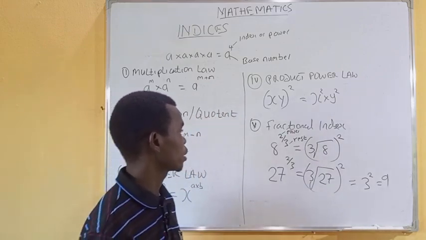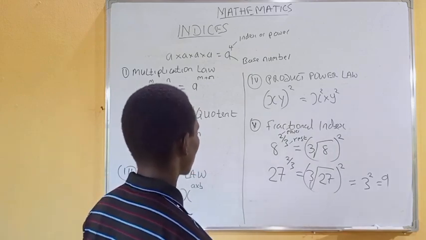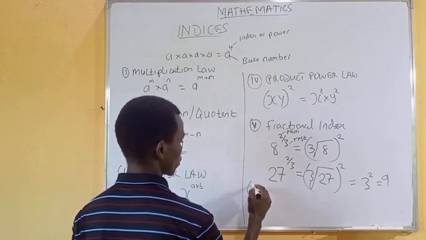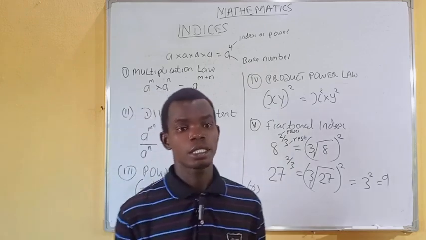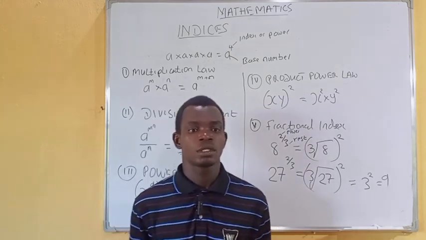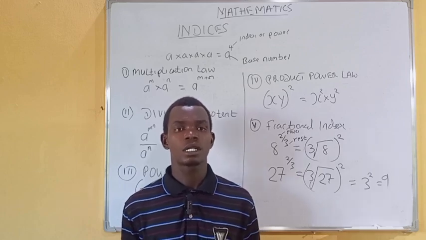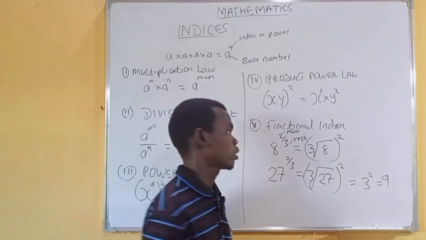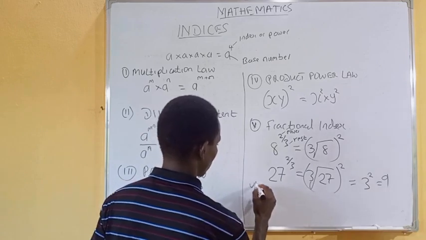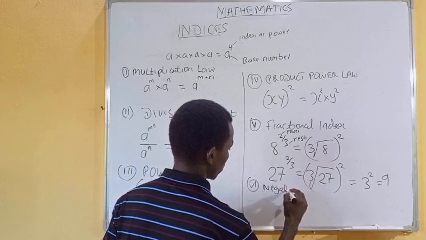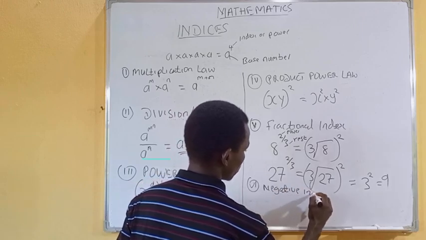Let's consider the 6th law, which is the negative indices. Negative index represents the reciprocal of a given index. Law 6, which is negative index.